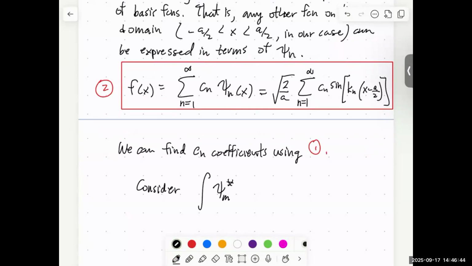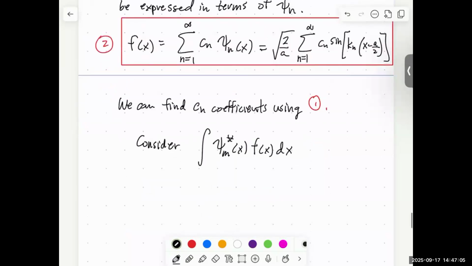I'm going to take one of our stationary states, one of our solutions to the time-independent Schrodinger equation, multiply it by f of x and integrate. For f of x, I'm just going to put in the sum, so that's going to be the sum from n equals 1 to infinity. And then what do we have? We have the integral.